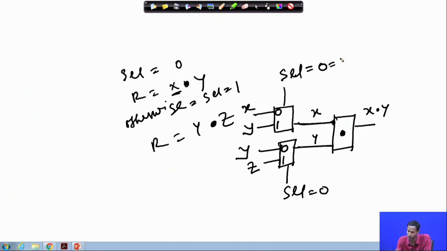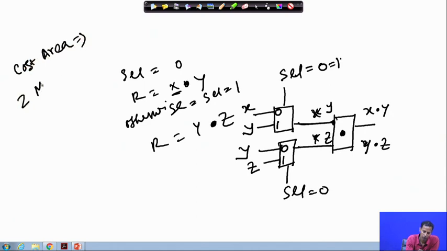When this value equals 1, this will select y and this will select z. So at that time I will get y star z. Now, in the initial implementation, what was the cost of area?